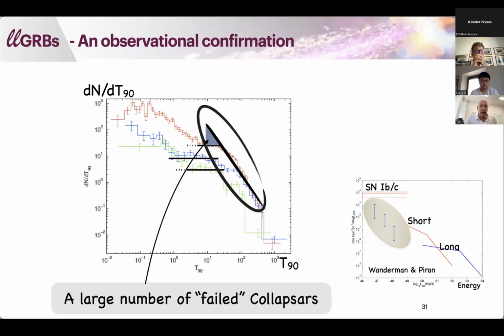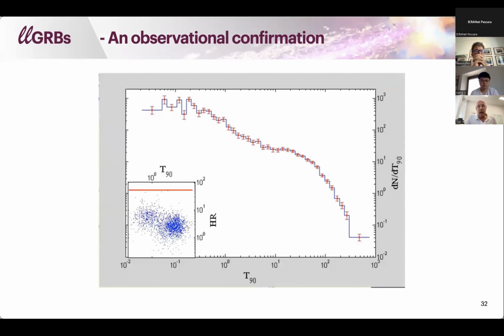As a demonstration of what we see here, this is a movie, and let me explain what we see here. This is the also famous curve. Here on the x-axis of this insert is the duration, and the y-axis is the hardness.